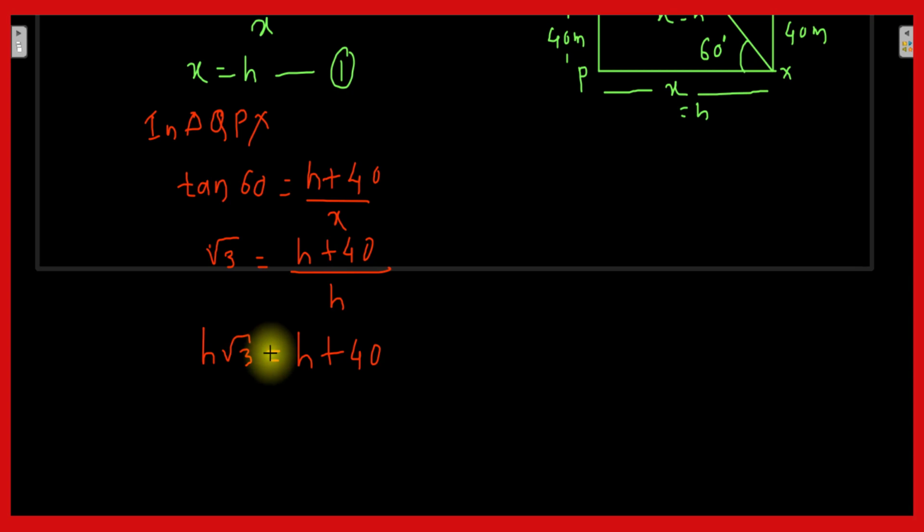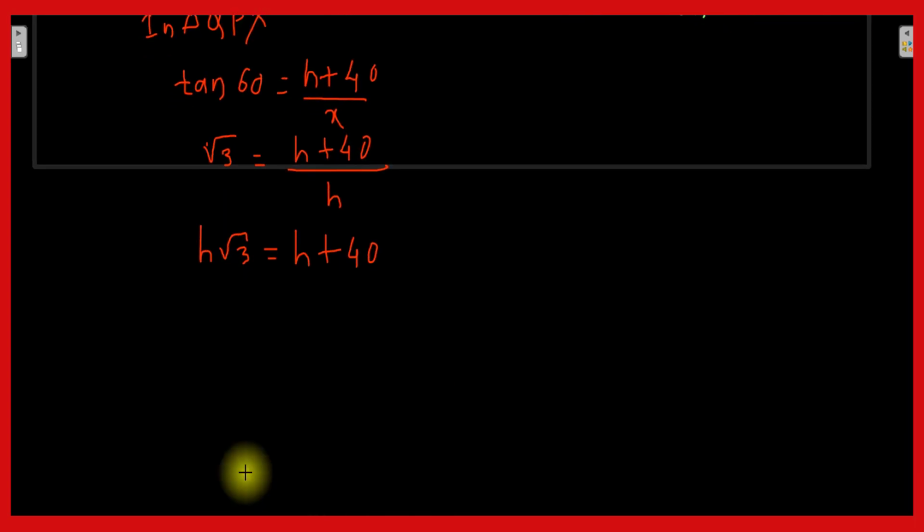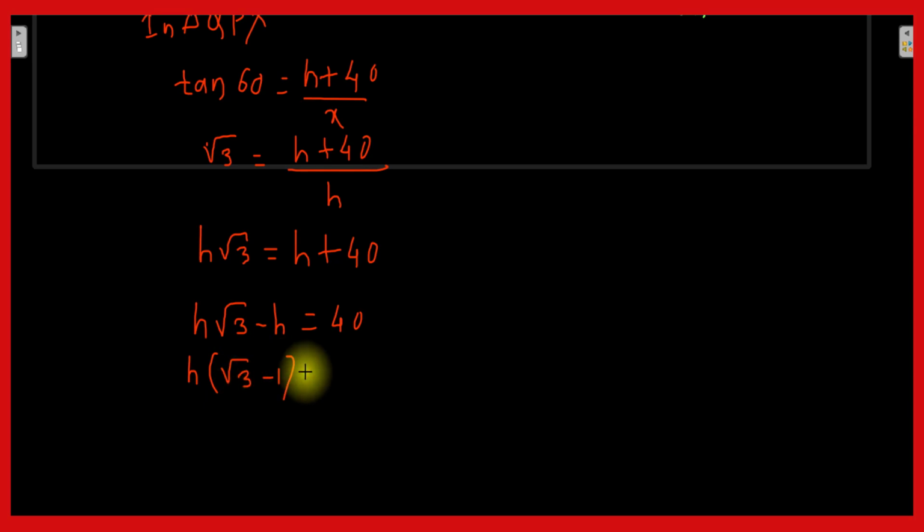Now take H to this side, so that will be H root 3 minus H, which is equal to 40, and take out H as a common factor, so it will be H into bracket root 3 minus 1, which is equal to 40.